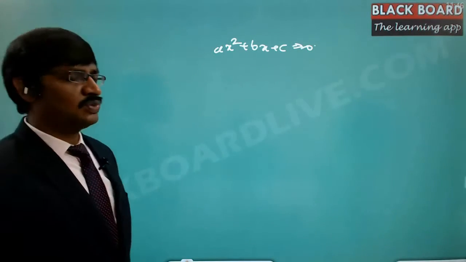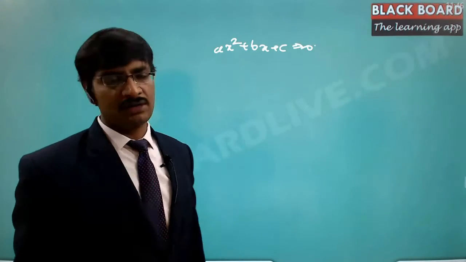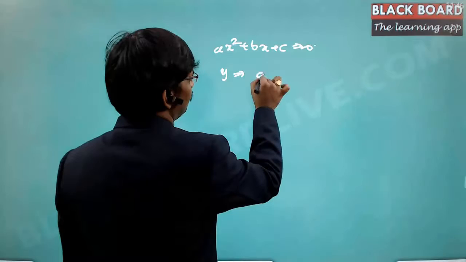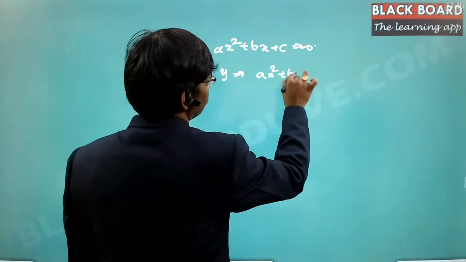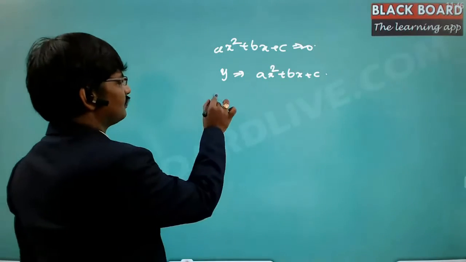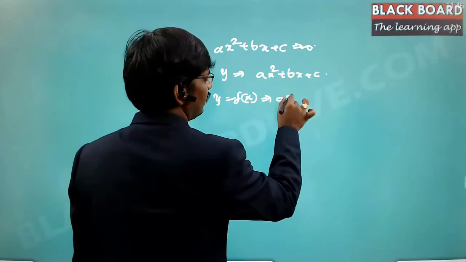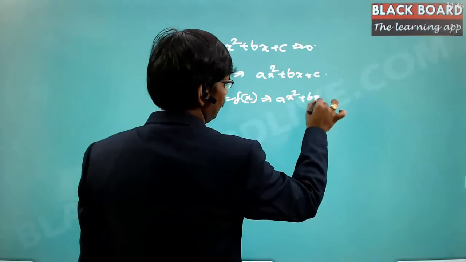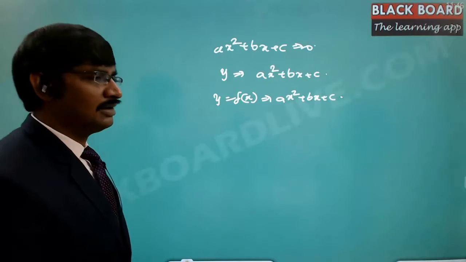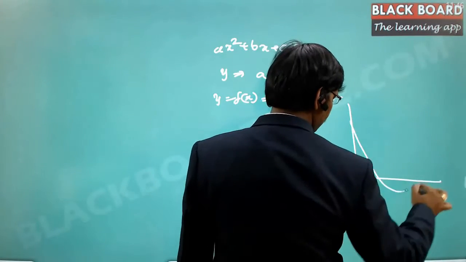What is meant by this quadratic equation is that there are 2 different curves we are talking about. One I call a function, y is equal to ax square plus bx plus c, so y is expressed as a function of x. Now I can put it on a graph, and let us say it is of this particular format.